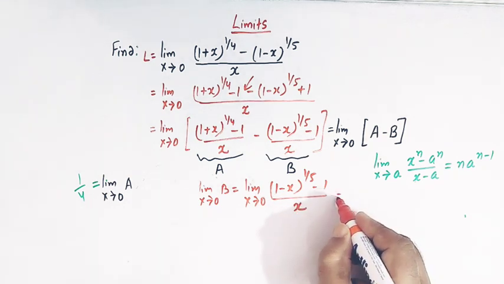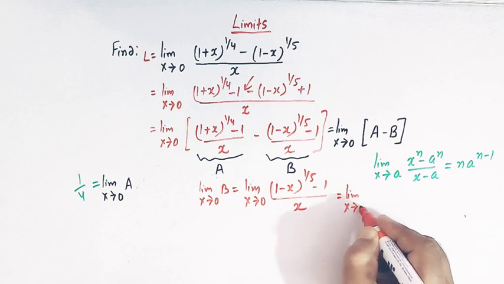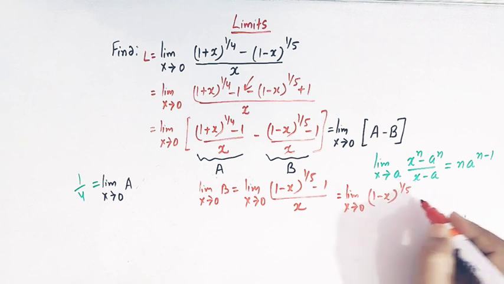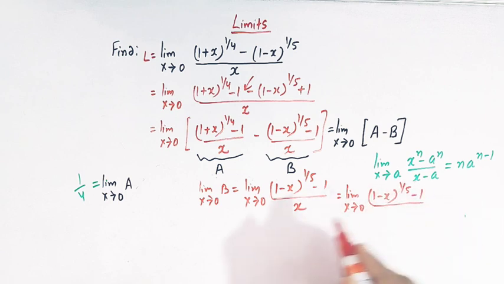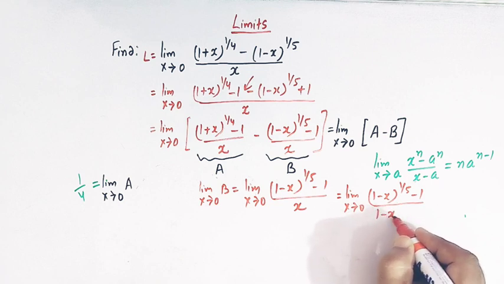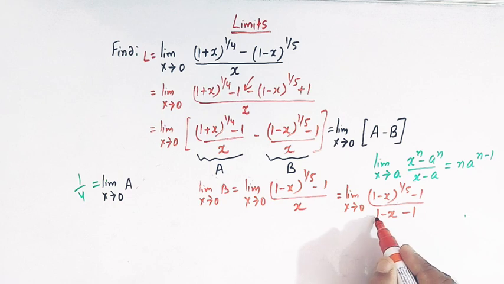Let us rewrite this expression with (1 minus x) raised to 1 over 5 minus 1, and we can write x as 1 minus x minus 1, and since 1 and minus 1 cancel, we are left with minus x.